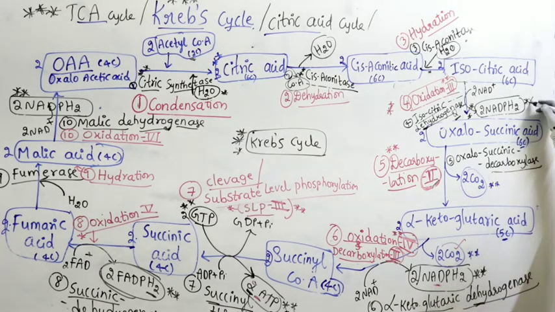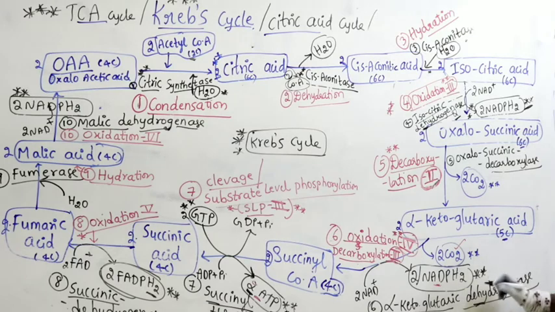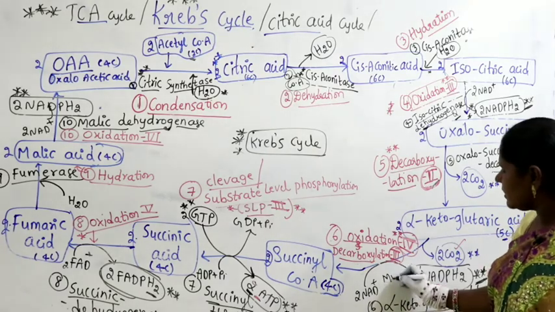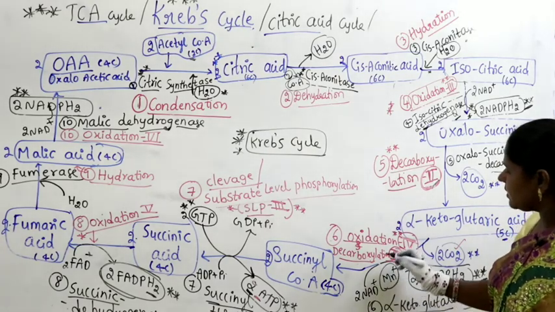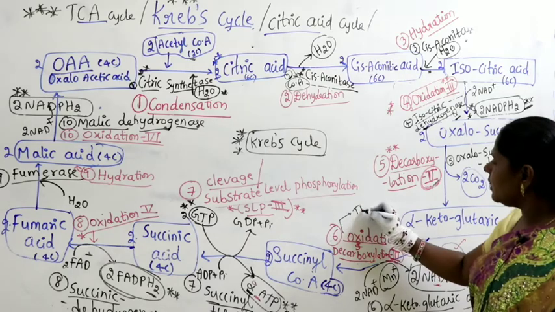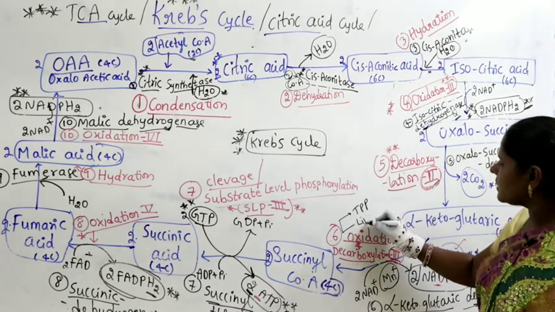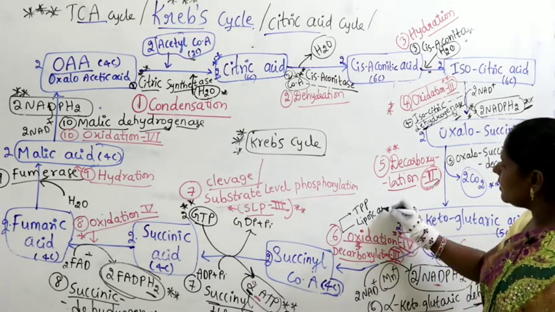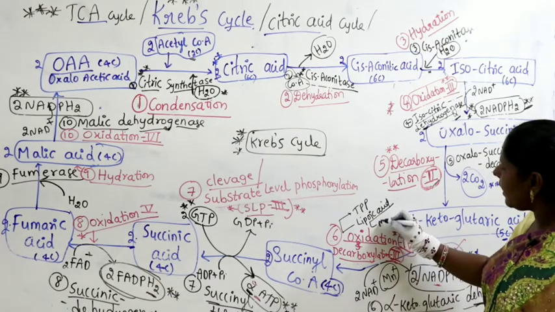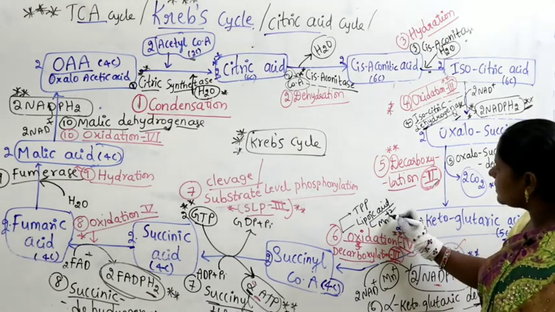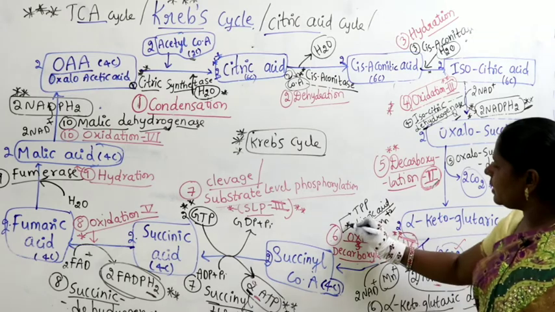See the places where energy is released. These steps are important. So here also NADH2 released. Right. Now this step happens with Mn plus, and with the help of cofactors TPP and lipoic acid. Even this step happens with the help of manganese, lipoic acid and TPP.